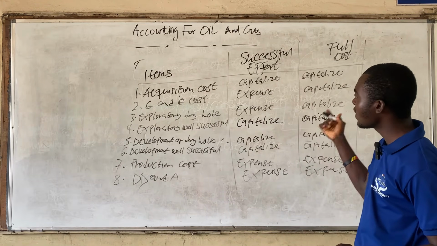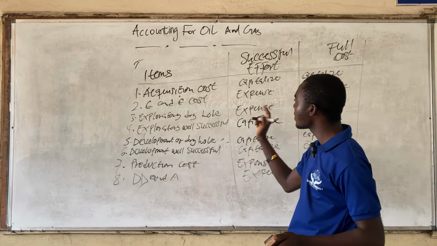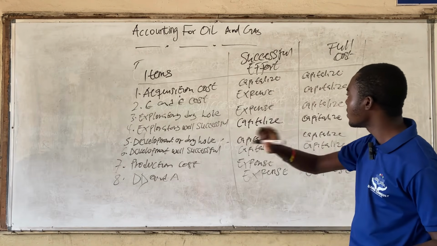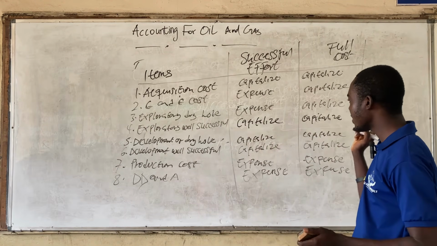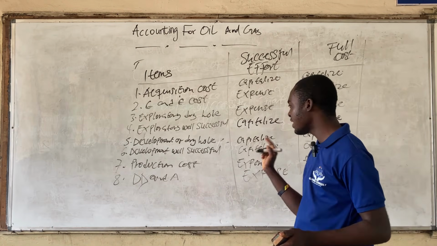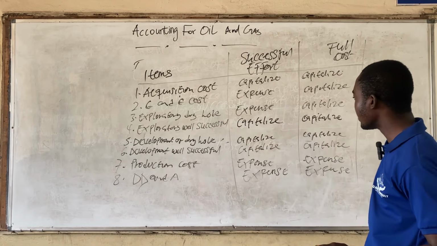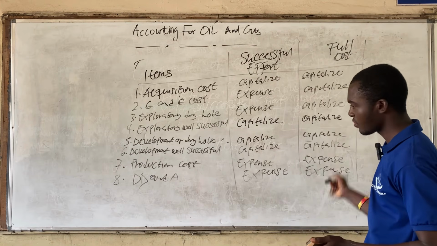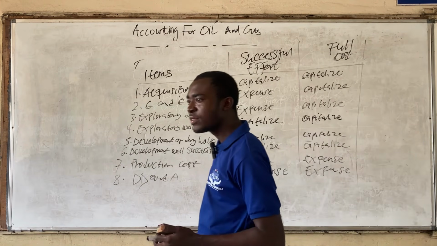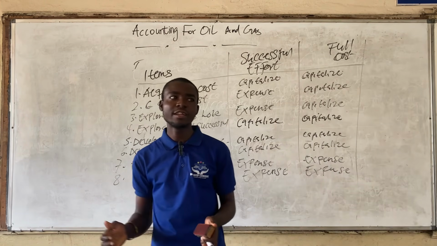And then under successful effort method, D&D cost, exploratory dry holes, and DD&A will be written off as an expense, and then the production cost as well. So we will end today's session here.